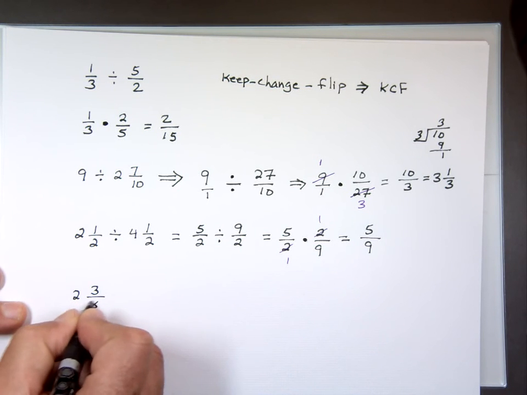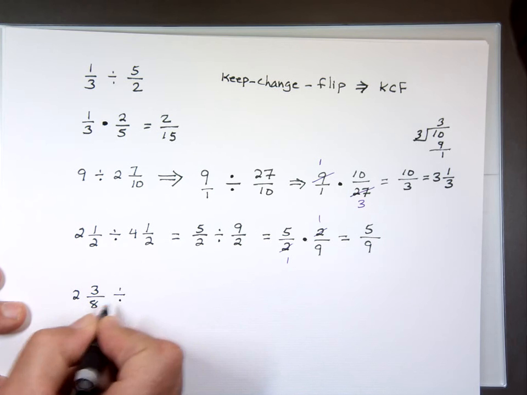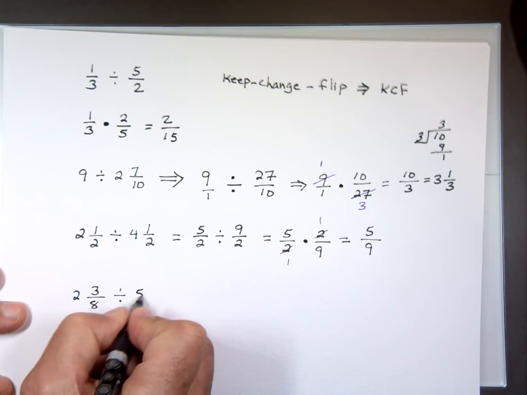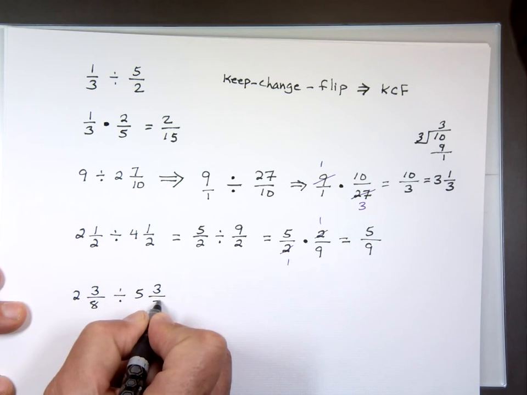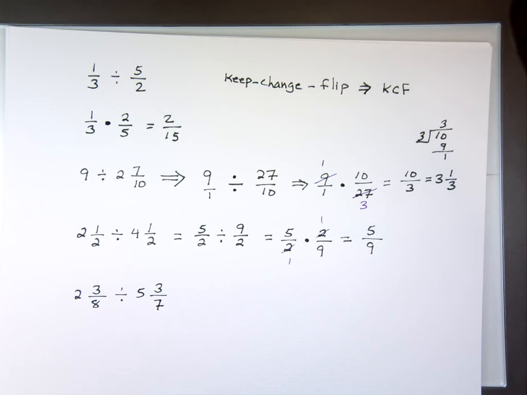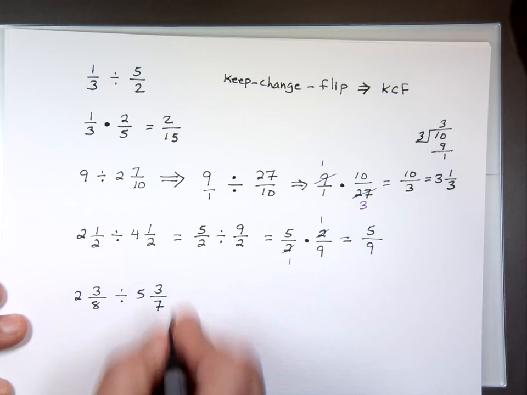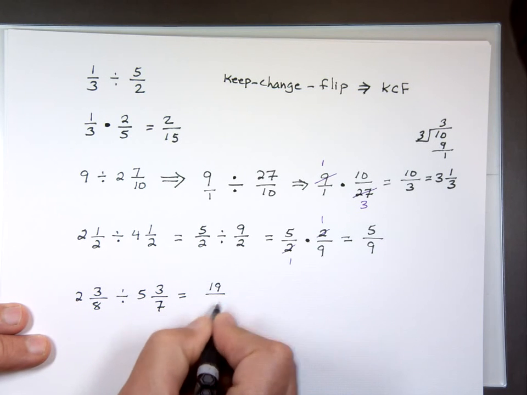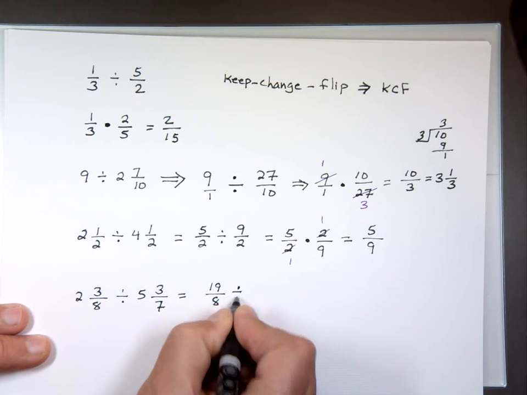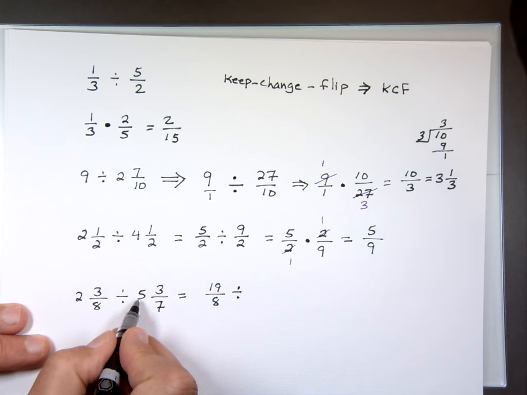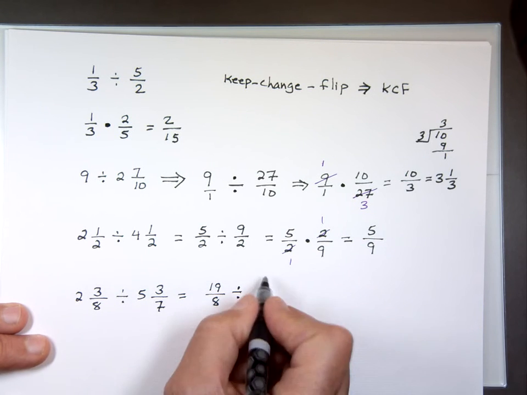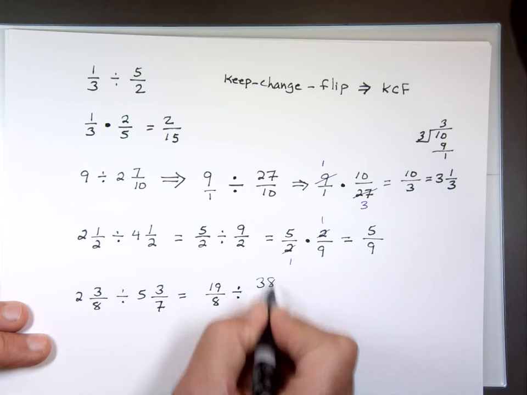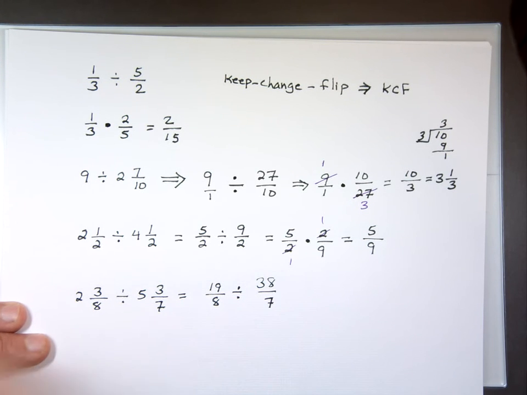2 and 3/8 divided by 5 and 3/7. Change them. 8 times 2, which is what? 16 and 3? 19 over 8 divided by 7 times 5? 35 and 3? 38 over 7. Keep, change, and flip.